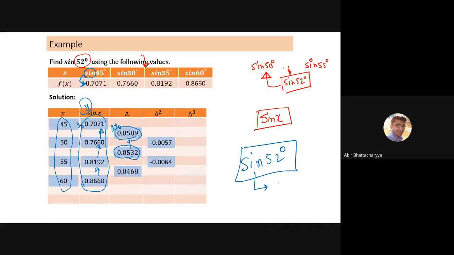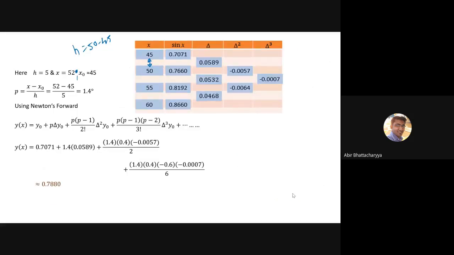So p will be x minus x naught divided by h, and that equals 1.4. You can skip the degree sign.